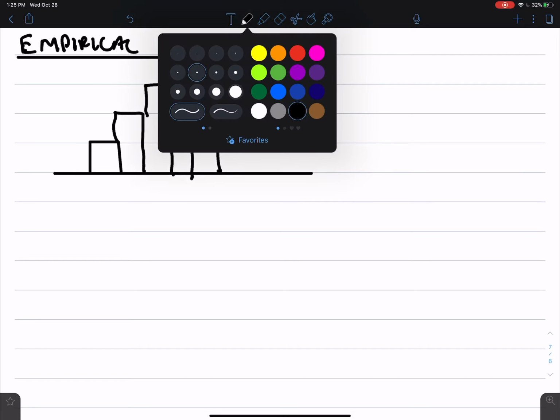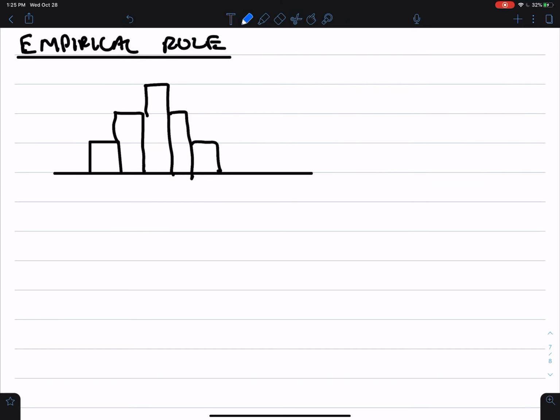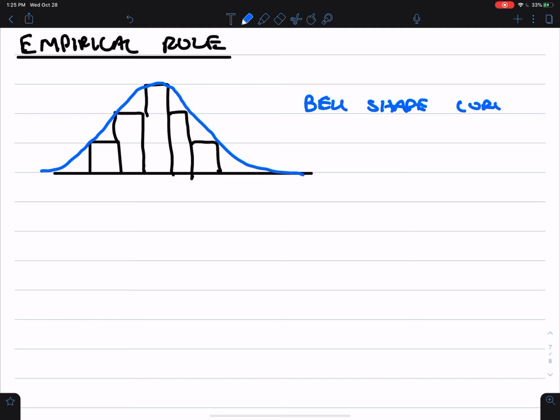But what I didn't tell you is that there's actually a curve that goes something like this, right? That's called a bell-shaped curve. We're going to discuss that a little bit more in the next section, okay? So it kind of looks like a bell shape, okay?